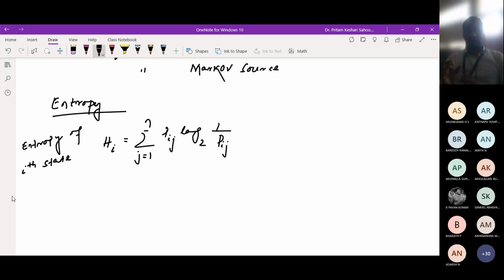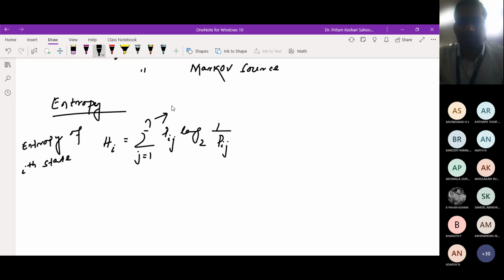Okay, because in this case the source is having many states. So the ith state is having entropy Hi, and in that case you see one counter is given, j is equal to 1 to n. So what is n? What is small n?